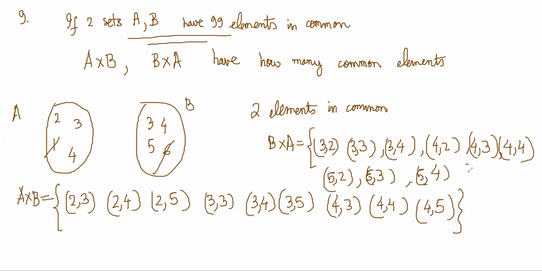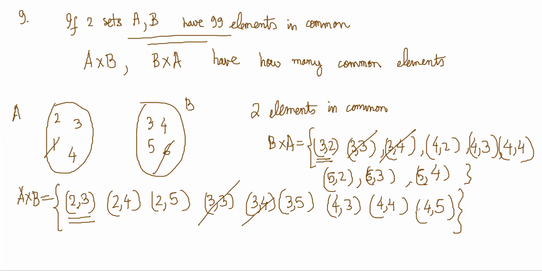Now for common elements, these are ordered pairs, so the order matters. Is 3 2 here somewhere? No. 3 3 is clearly common, and 3 4 is there. 4 2?